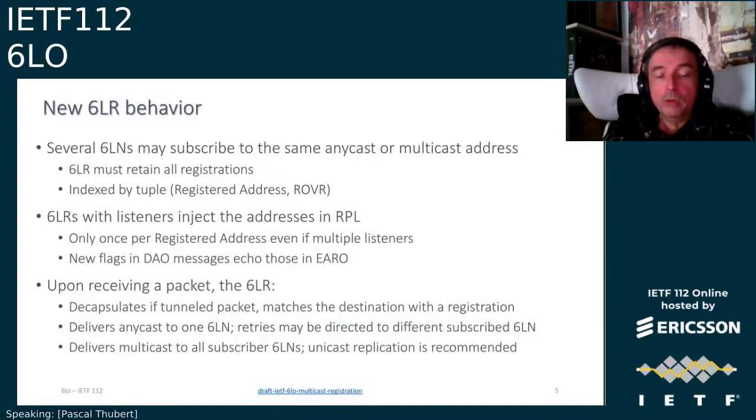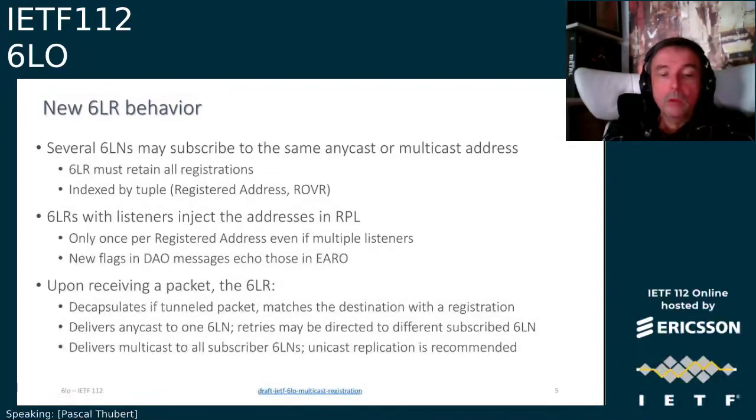If it was mode 3, which is storing mode with multicast support, we actually extend that mode to say that the flag must be set for multicast if it's multicast, or anycast if it's anycast. And for anycast, we specifically indicate what the new behavior is, which is you select one of those children and only one. For multicast, you basically make a copy per child in storing mode.